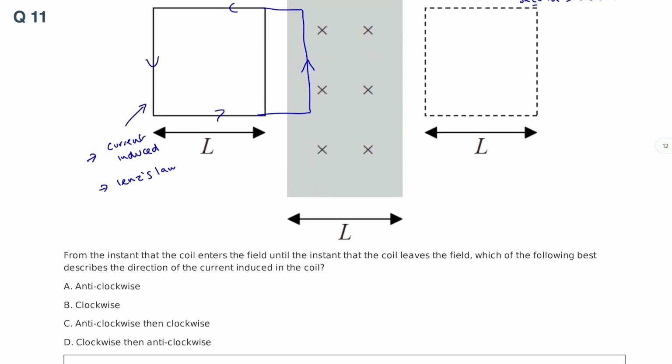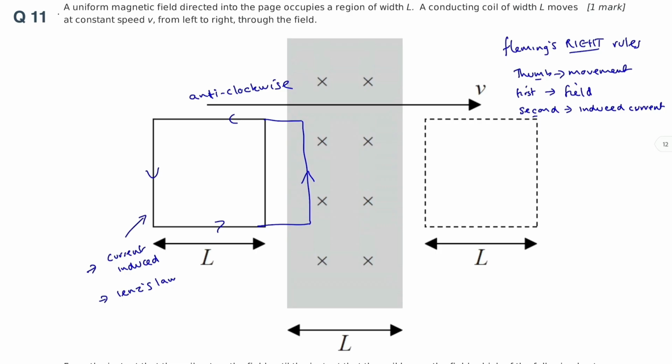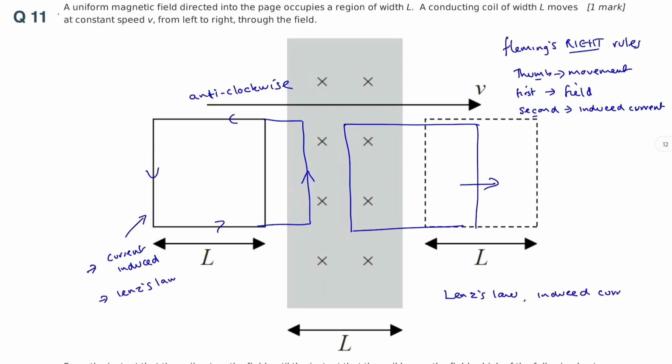Let's go down to the answers. So it's either A or C. Now, when this coil starts to leave, we have experienced Lenz's law. Lenz's law states that the induced current, or EMF, is in the opposite direction of the change that causes it.